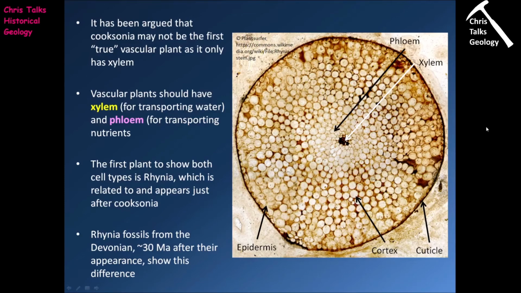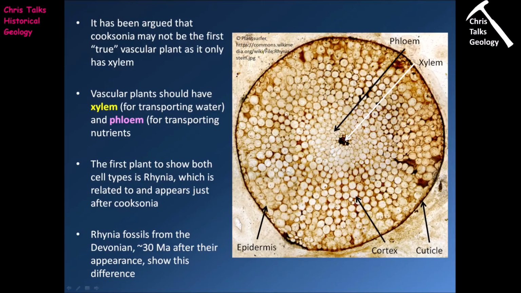So here's a thin section taken through a Rhynia fossil. You can see the individual cells of the stem. And if you look here, obviously we have the outer layer, that is our cuticle. That's going to stop the cells inside from drying out very easily. We have the epidermis, which is the first layer of cells of the stem. We have the cortex.